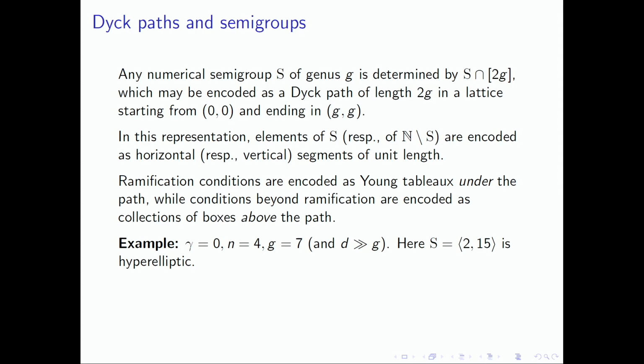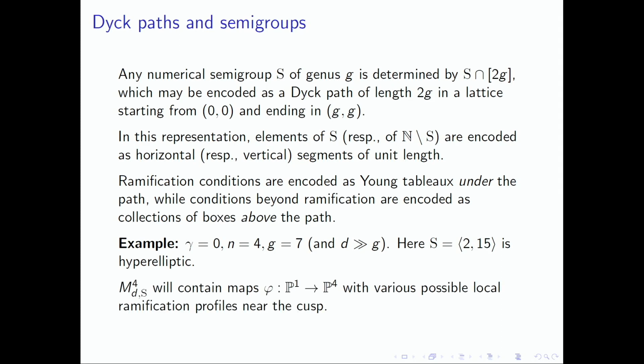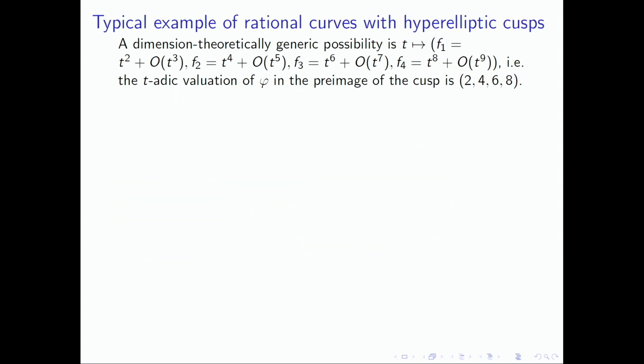So in this particular situation, the space M4DS of maps from P1 to P4 with value semigroup 2, 15 will contain maps with various different types of ramification profiles in the preimage of the cusp. So let's pick one.